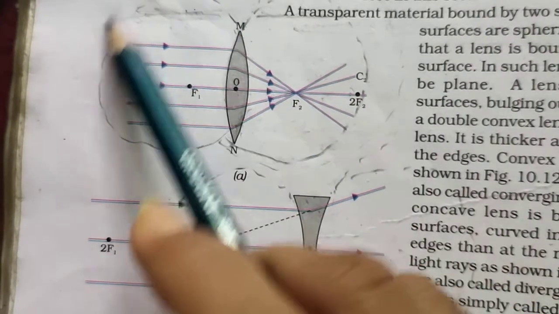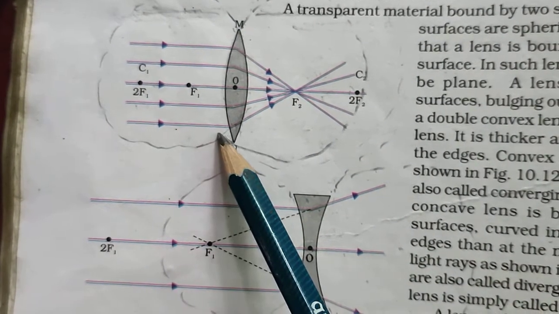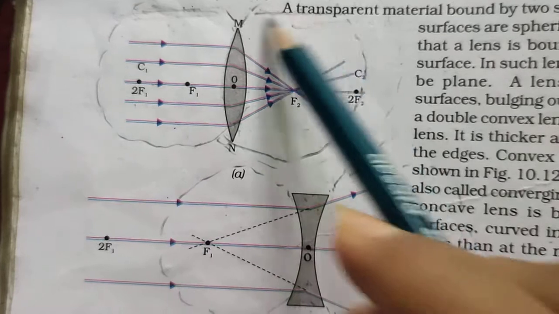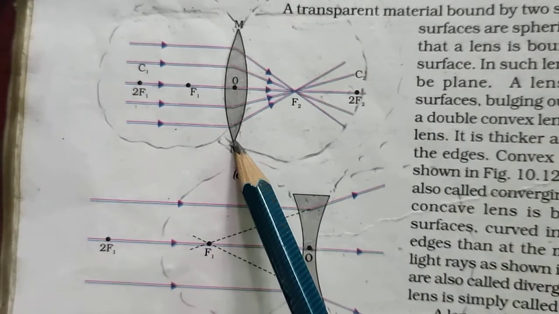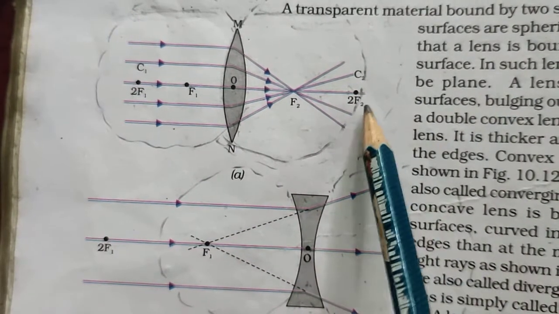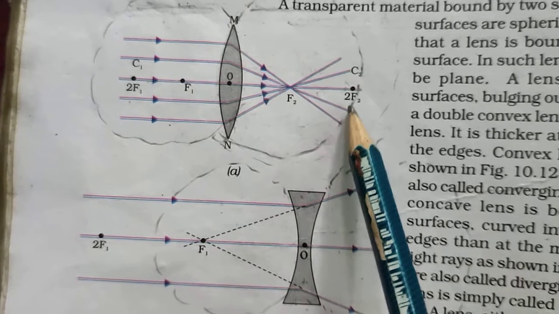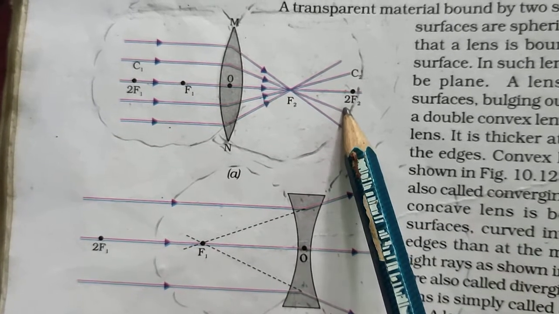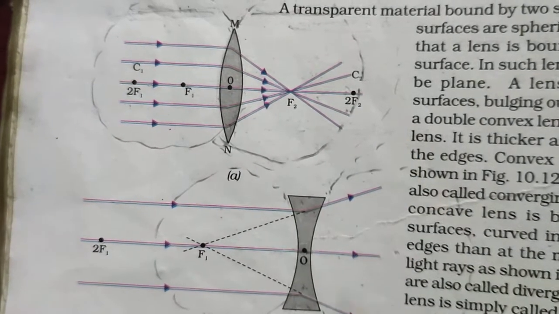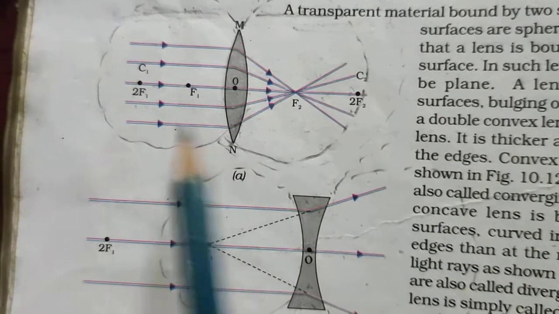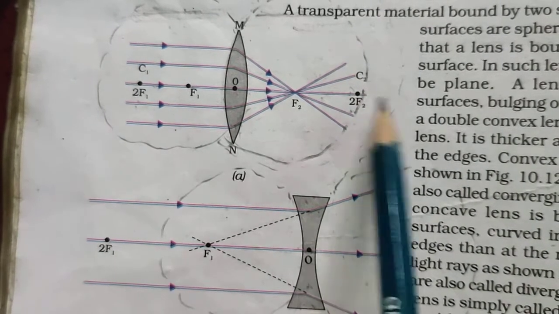In this globe the center of curvature is 2F1, and in this globe it is 2F2. In a lens it is not called center of curvature as in the mirror, but it is called 2F1 and 2F2.